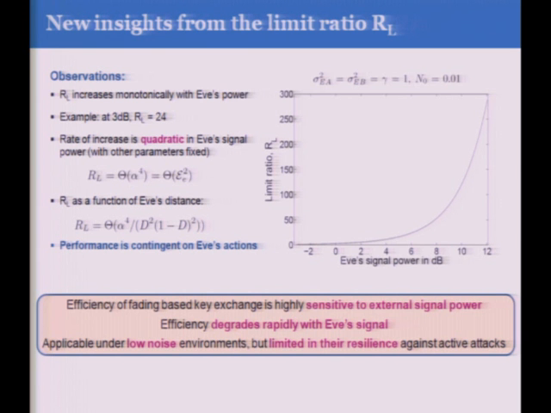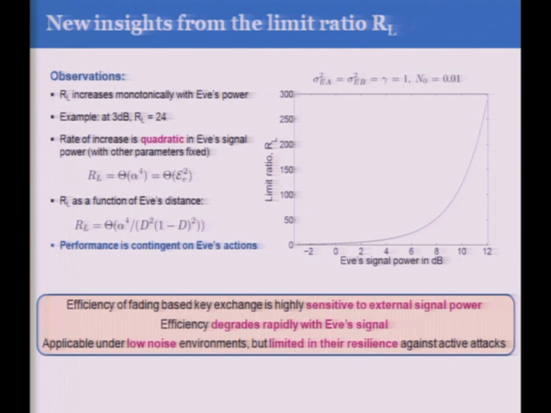We thought that this is not a desirable property, because Eve might be able to control the efficiency of your scheme depending upon its actions. So the conclusion we gained from here was that the efficiency of scaling-based key exchange is highly sensitive to Eve's external signal power, and it degrades rapidly, more specifically in a quadratic manner.